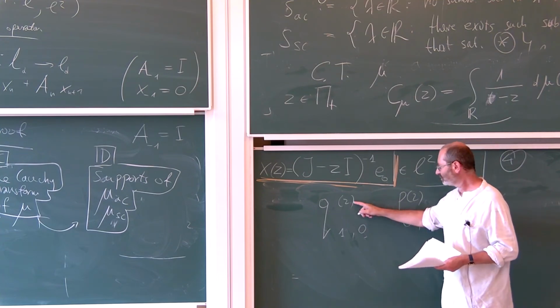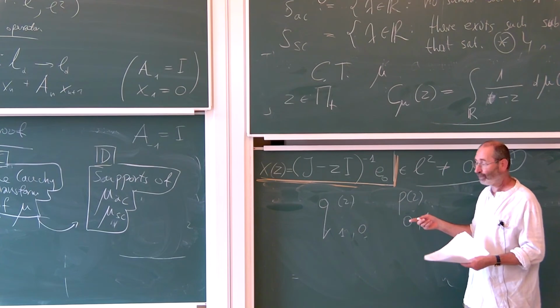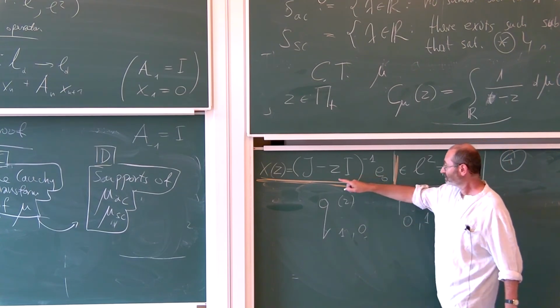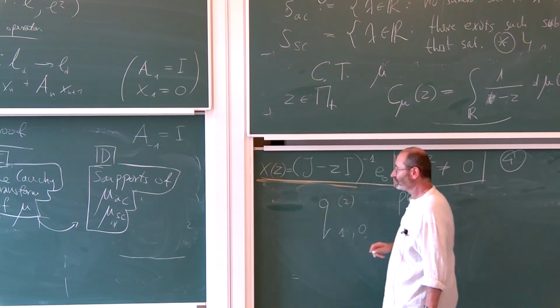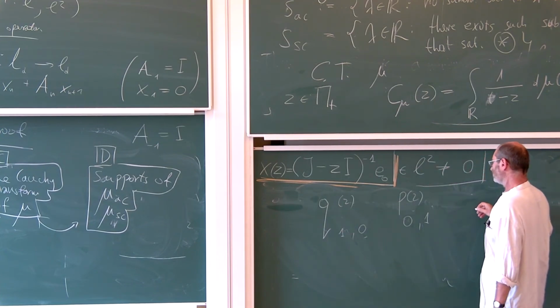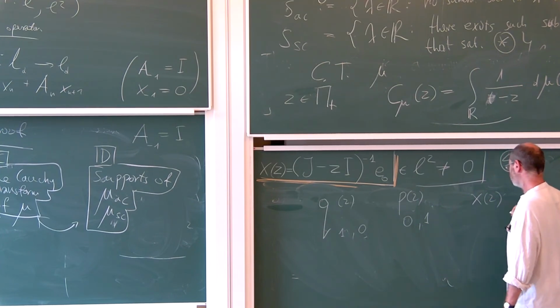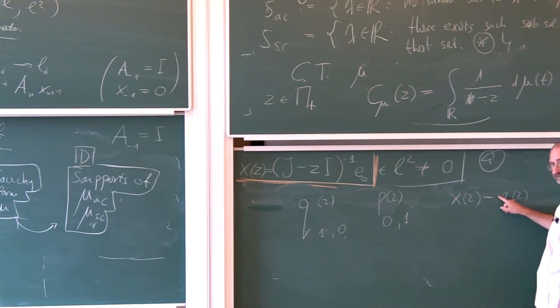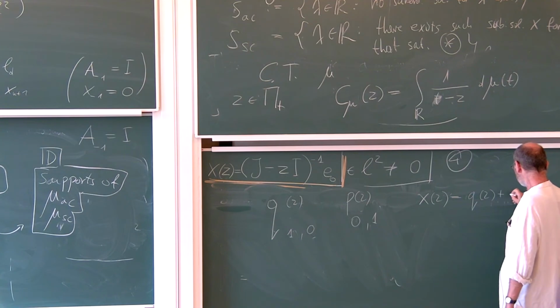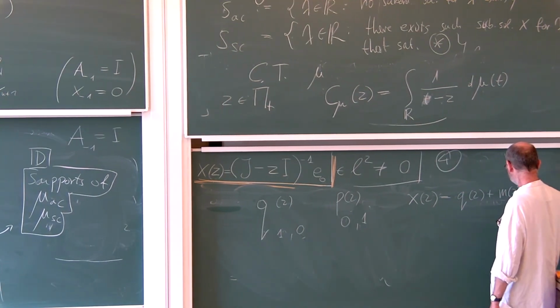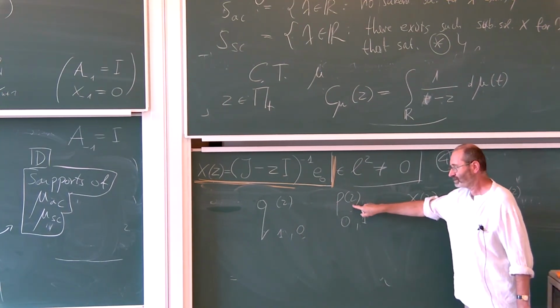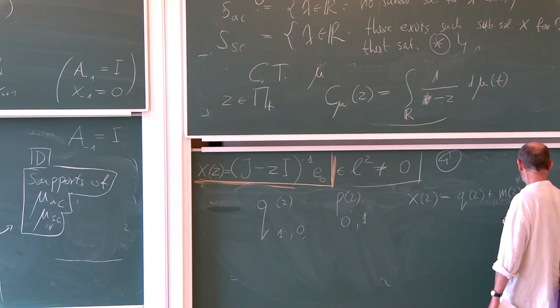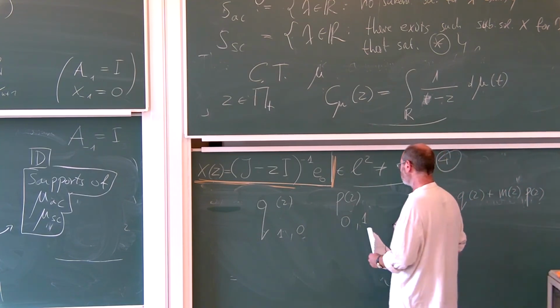So these two solutions form a base of our space, and it means that this should have the form, which can be easily checked. It should be equal to Q of z with the constant 1 plus a number m of z, we call this m of z, times this. Why is it like this?